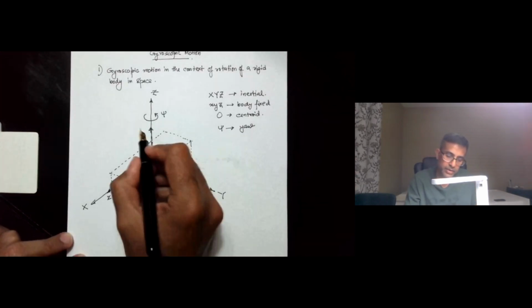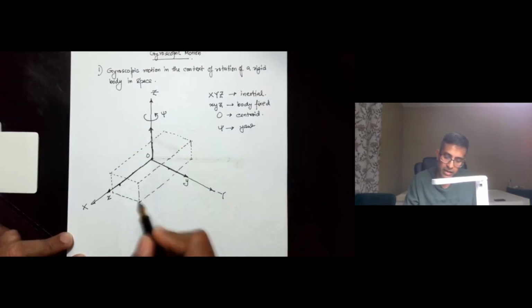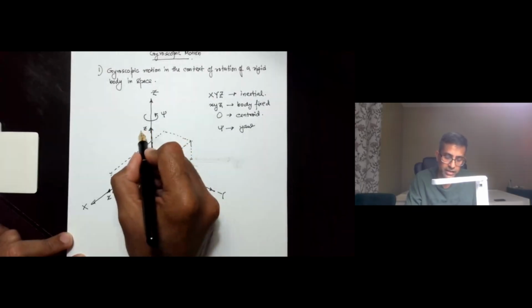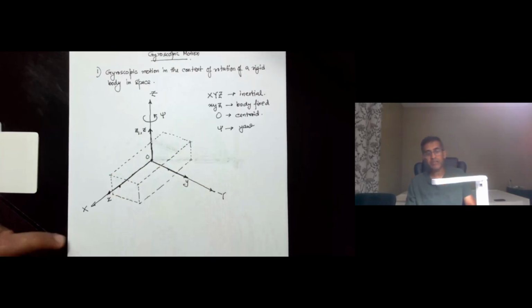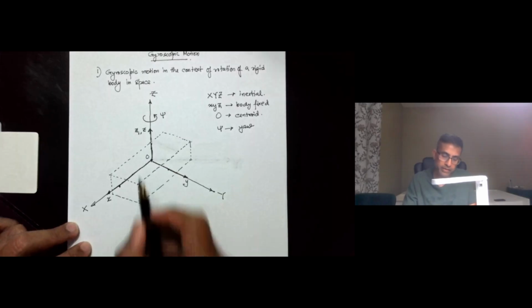And when that happens, the small z, let's say it changes to z1. Now, because the rotation is happening about the z-axis, z and z1 are going to be coincident.